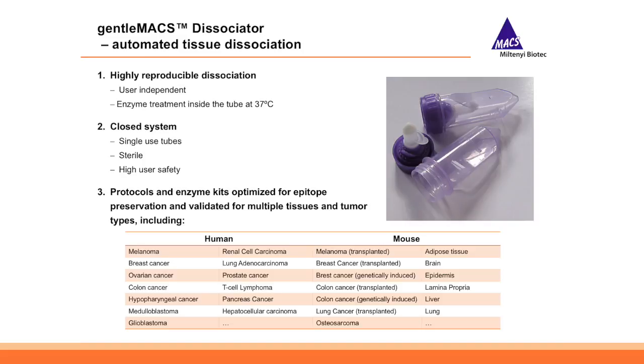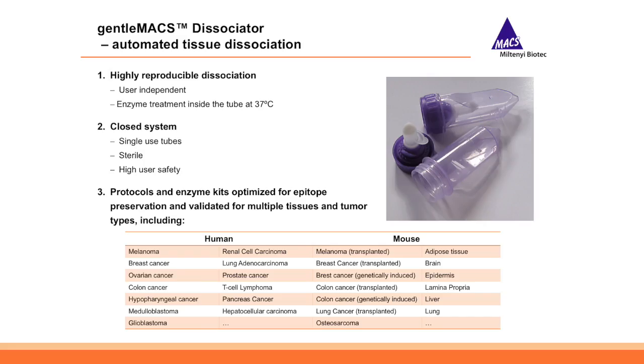Multiple tissues can be dissociated at the same time, which saves a lot of time. This ensures a highly reproducible dissociation because it's user independent. Processing time is reduced because mechanical and enzymatic treatment occurs simultaneously in multiple tissues, and the dissociation takes place in a closed system.